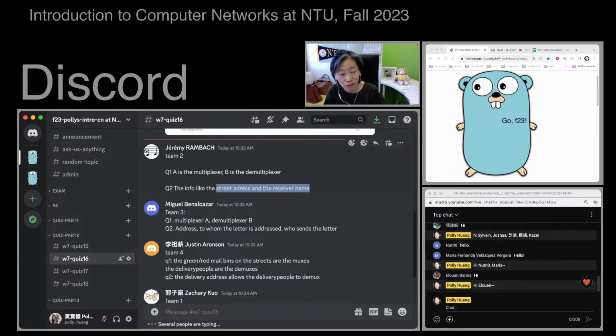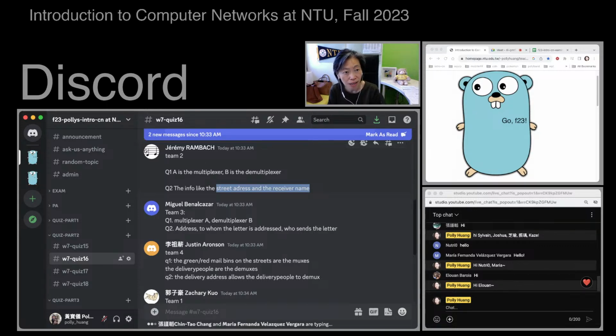Exactly. The street address and the receiver name. The street address tells the mail lady that these envelopes all belong to this residential building. But then you also check the receiver name, or the floor number or apartment number, to find out exactly which box these letters should go to. Yeah, A and B, the address.